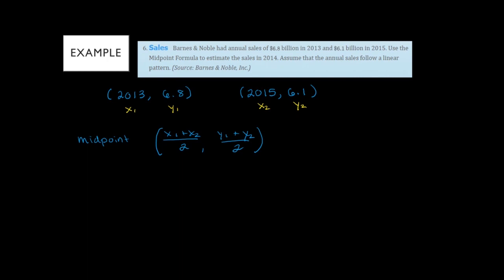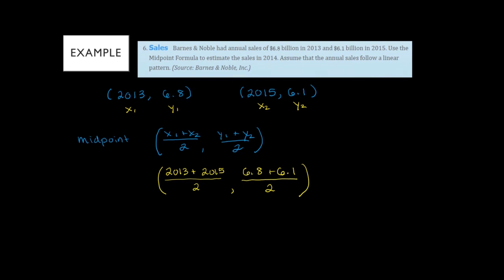So I'm going to plug in my numbers. So I've got x1, which is 2013, plus x2, which is 2015, divided by 2. Then y1 is 6.8 plus y2, which is 6.1, divided by 2. Now, because this is real world problems, we're given something with a decimal, we want to just put these in decimal format.